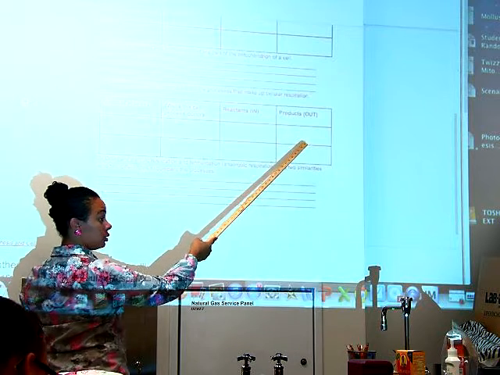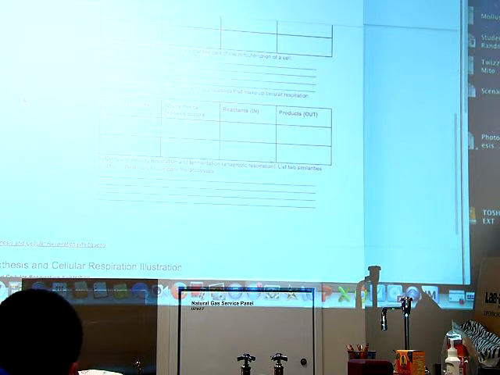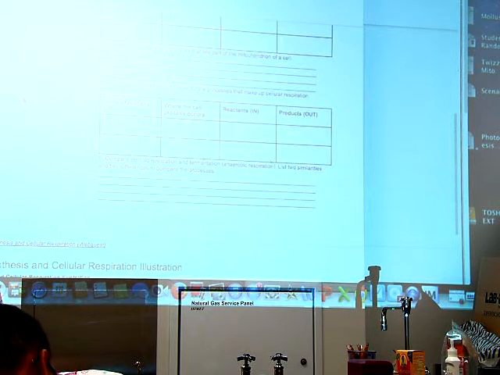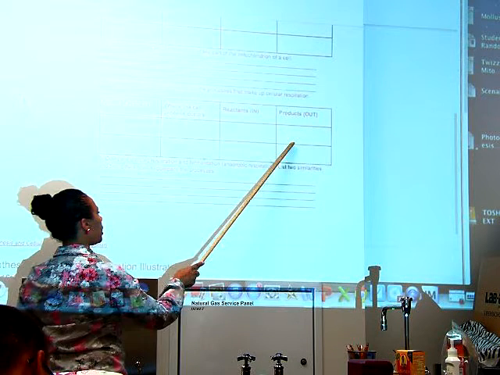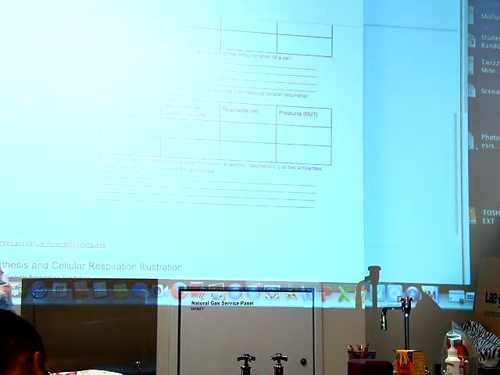And hydrogen, pyruvic acid. The other thing that it's going to also produce is something called ATP.